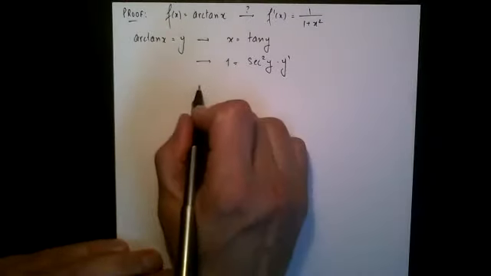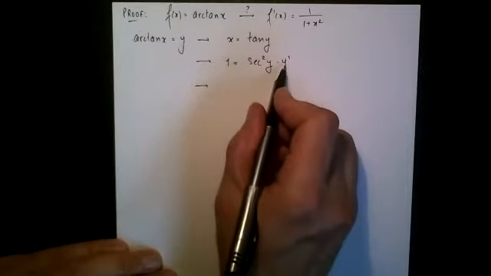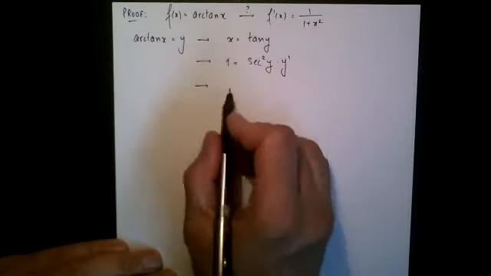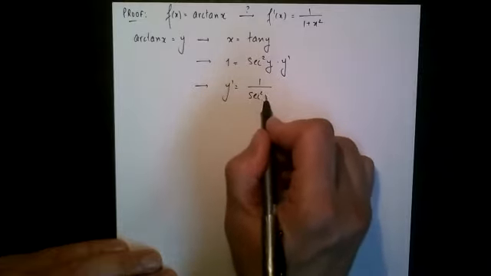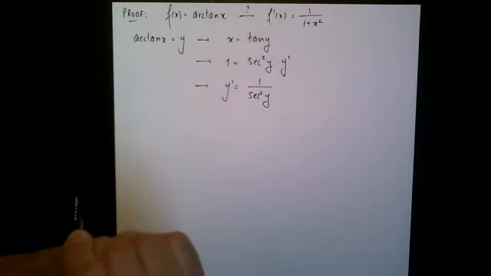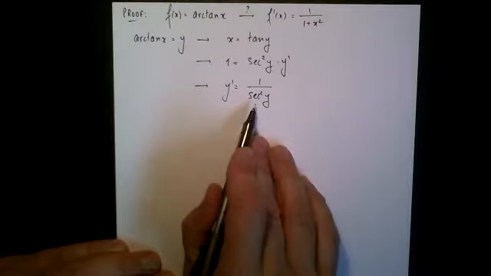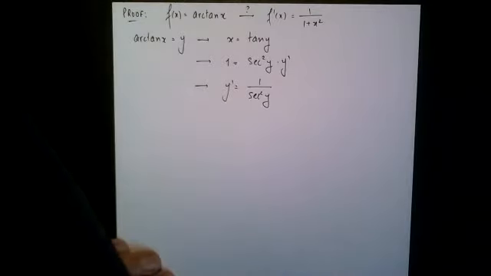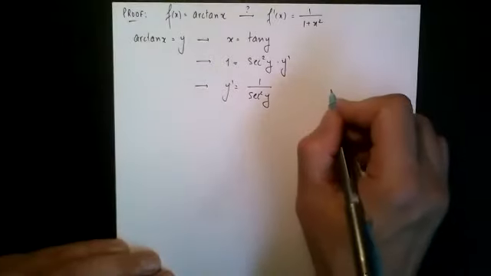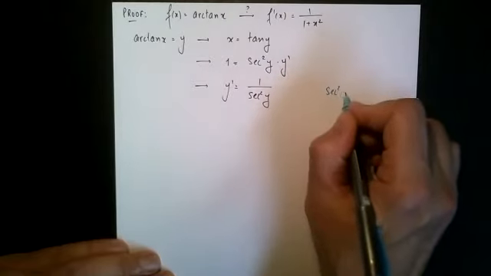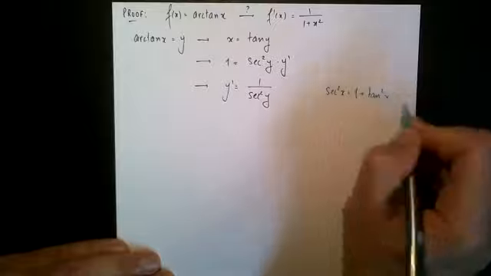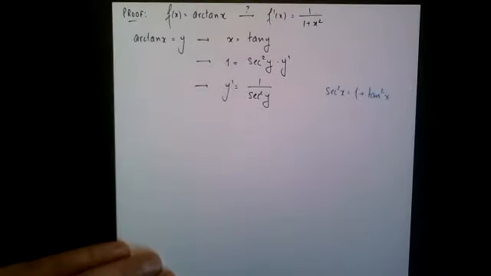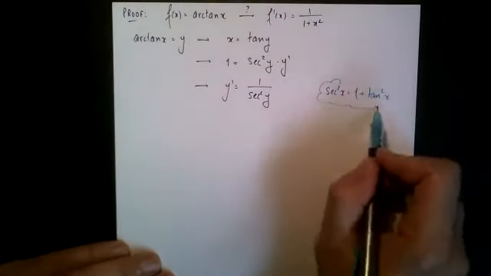So then I will divide. y prime is equal to 1 over secant squared of y. And you remember the identity that says secant squared of x is 1 plus tan squared x? Okay, there's an identity here.